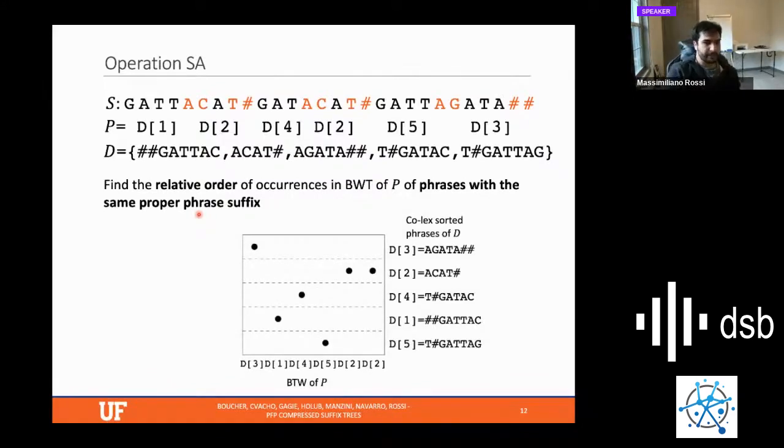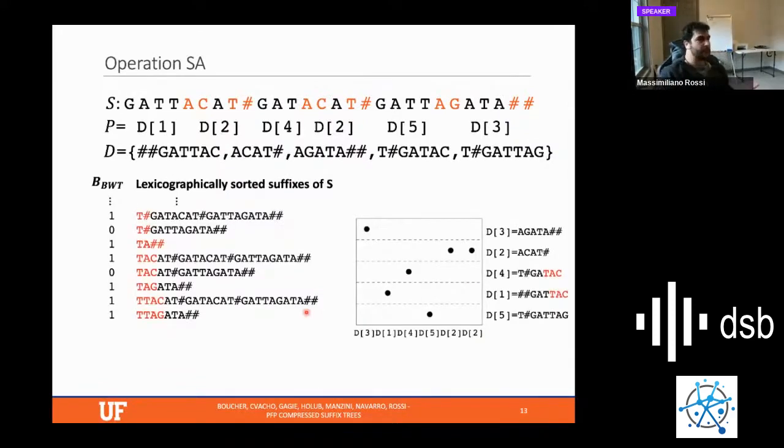We build a grid in which on the columns we have the BWT of the parts, and on the rows we have the colexicographically sorted phrases of the dictionary. Why? Because here you see that phrases which have the same suffix are grouped together. So we can find the relative order of the occurrences of the BWT of P in this box. All the points in this box, reading from left to right, give us the correct order.